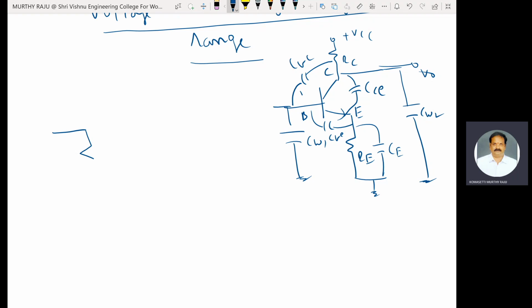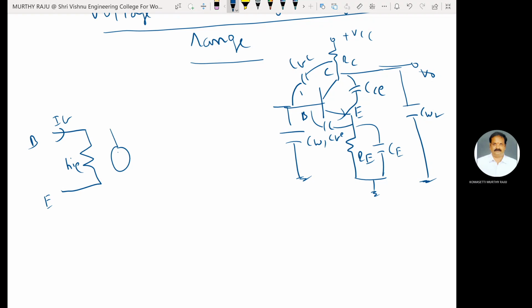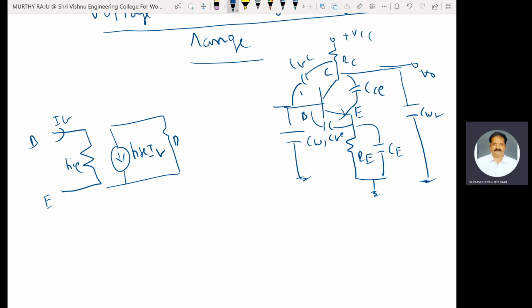The model is like that: base emitter HIE, IB, HFE IB, RL. The coupling capacitor acts as a short circuit and does not play an important role in the high frequency range.